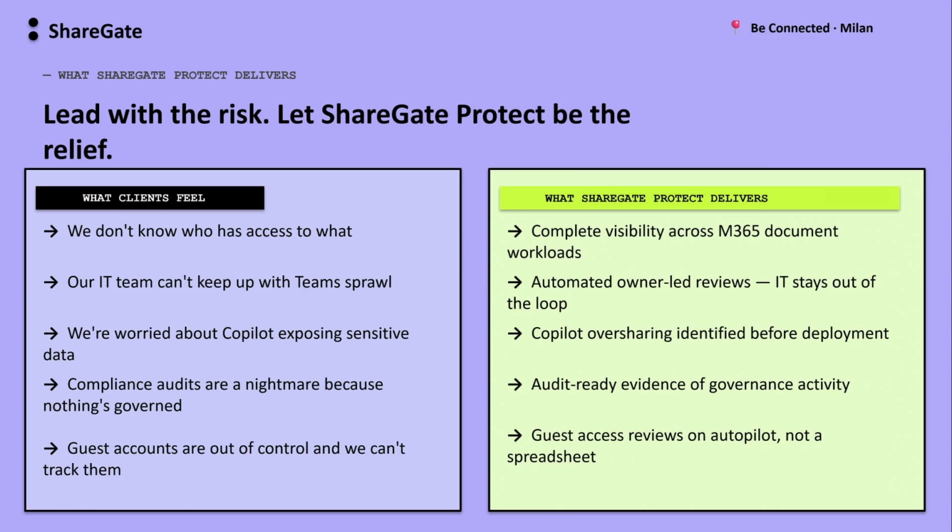Looking at an automated review process so that we can look at who has access, providing information to internal stakeholders to allow them to make decisions on who should have access. So automating the control of that. Making sure that we identify oversharing prior to Copilot or other AI deployments.